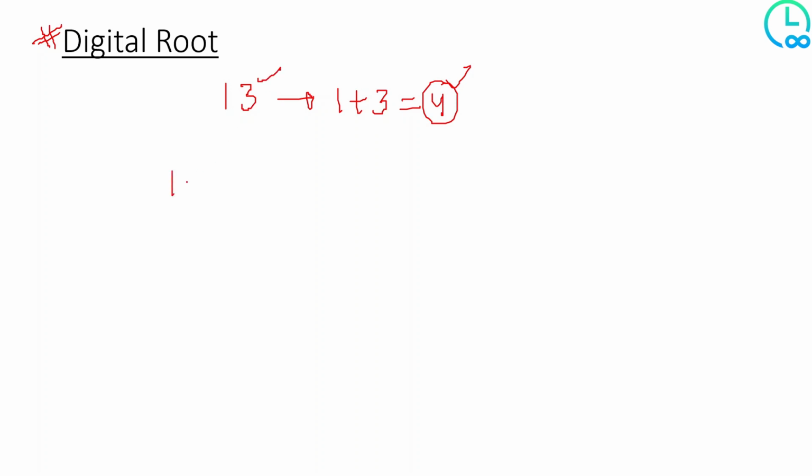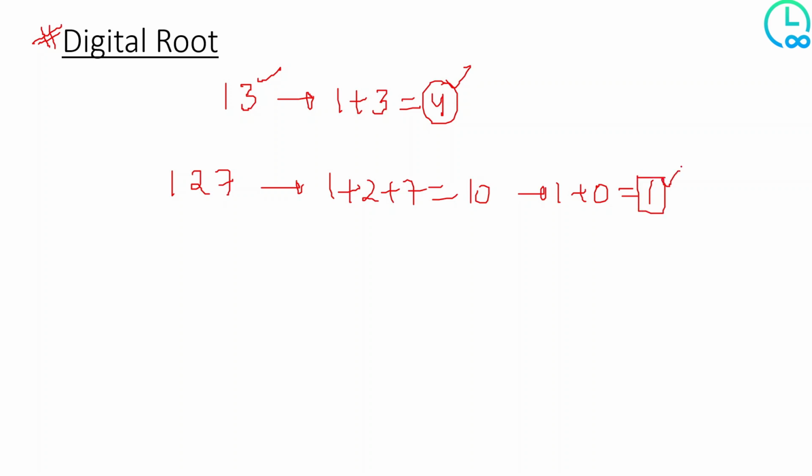Let's say the other number is 127. The digital root of this will be 1 plus 2 plus 7, that is 10. And 10 again, 1 plus 0, that is 1. So basically you need to reach the end, when the sum of the digits of the number becomes a single digit number. This is called the digital root of 127.